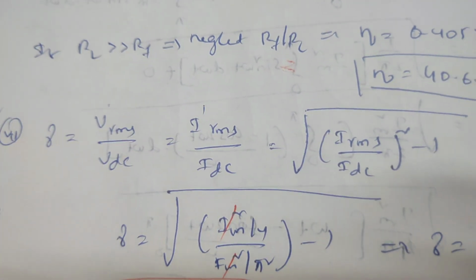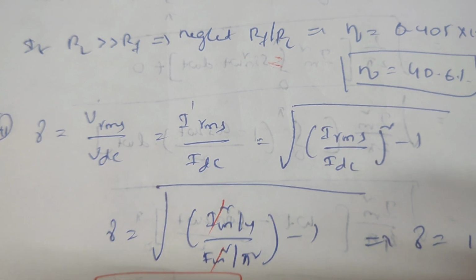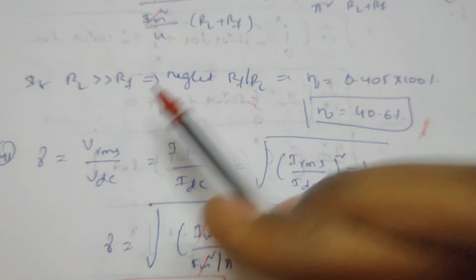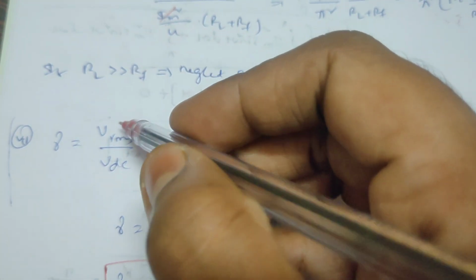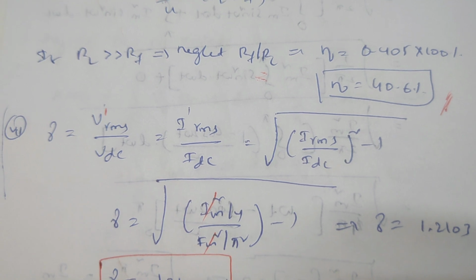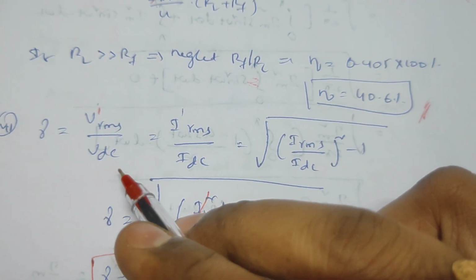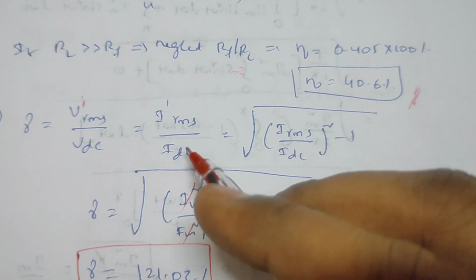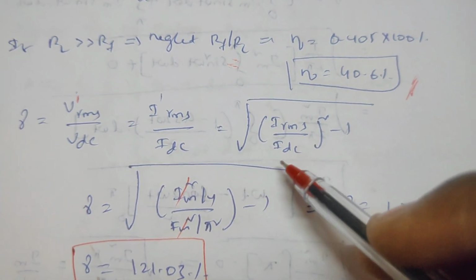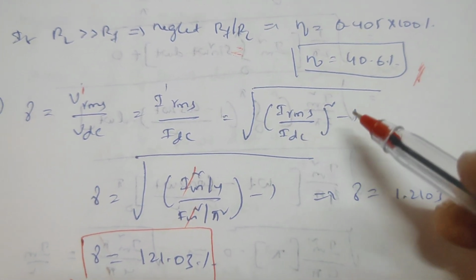The next one is the ripple factor. Ripple factor is how much of the AC component is present in the DC output. So V dash RMS by VDC is equal to I dash RMS by IDC. This is a basic equation. The ripple factor gamma is equal to the square root of (IRMS by IDC) whole square minus 1.